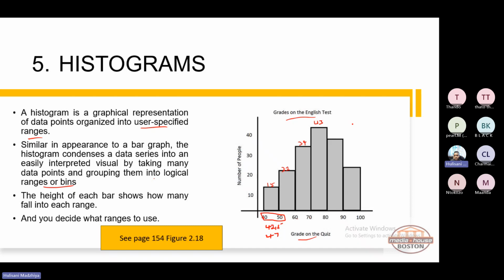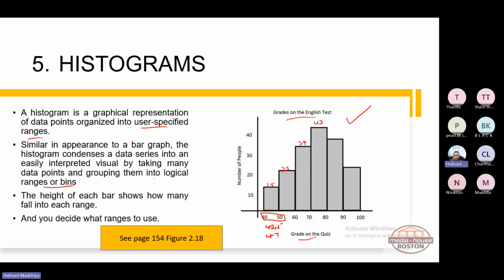And one of the most important things is that you get to lose something. Once you present the information in a histogram, you lose the value of the data, because now you don't know who scored how much.